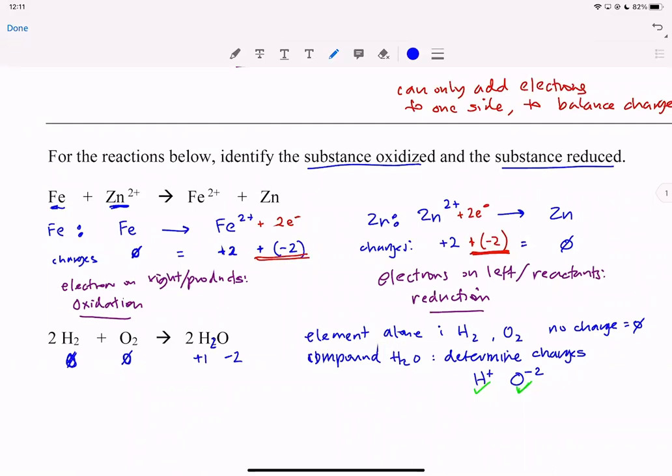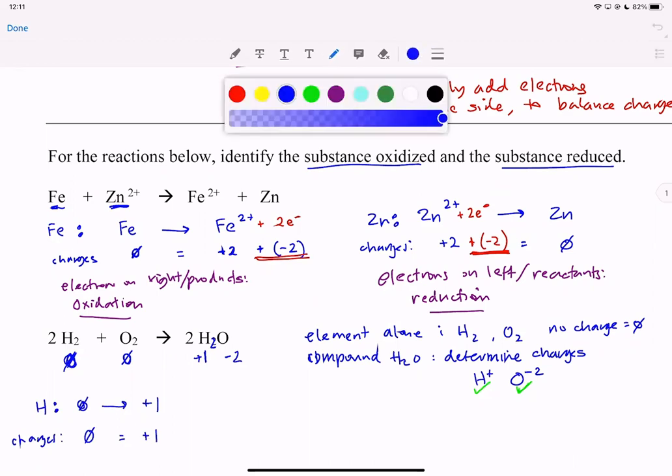Once you've figured out the ions, you want to follow the fate. Hydrogen goes from 0 to +1. So it's 0 on this side and +1 on this side, which means you have to add the charges. They're not equal. This is a 0, and this is not equal to +1.